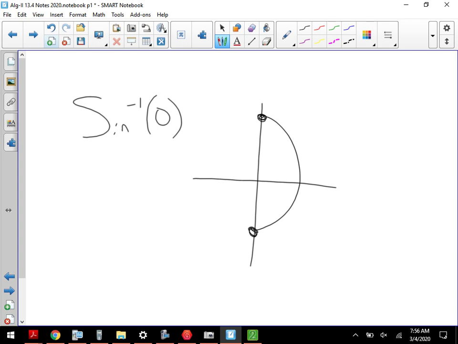So look at your ordered pairs. This is 0, 1. This is 1, 0. This is 0, negative 1. Where's sine 0? The y value. The answer is 0.